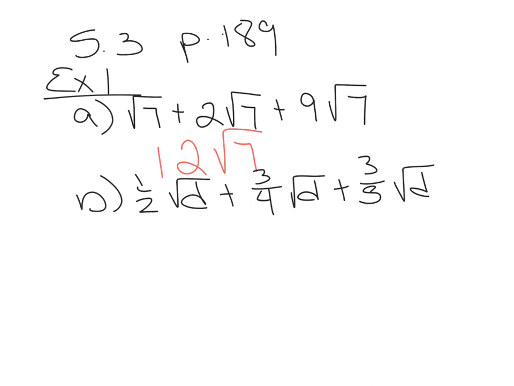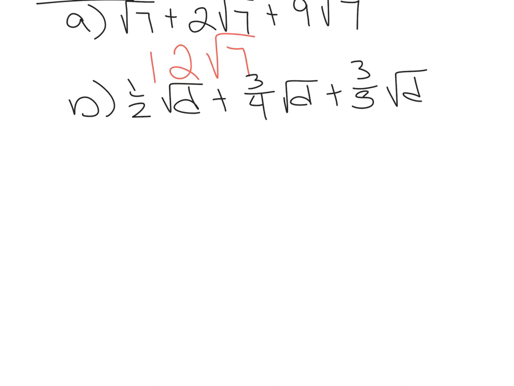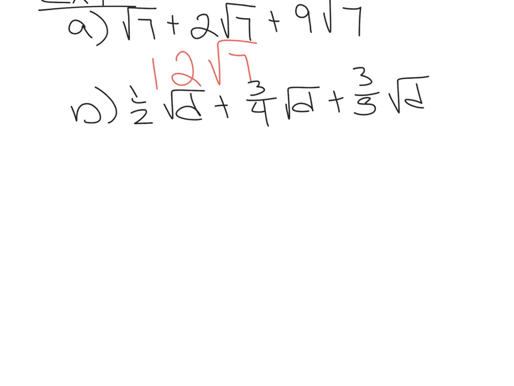So this is going to be one of your favorite things to do, fractions, and I know that. So we're going to have to add these fractions to get a new coefficient. We're going to add 1/2 plus 3/4 plus 3/5, and that's just these coefficients here in the front.